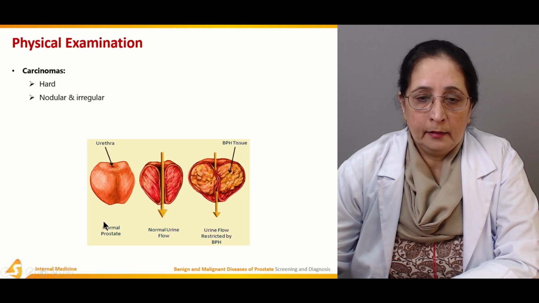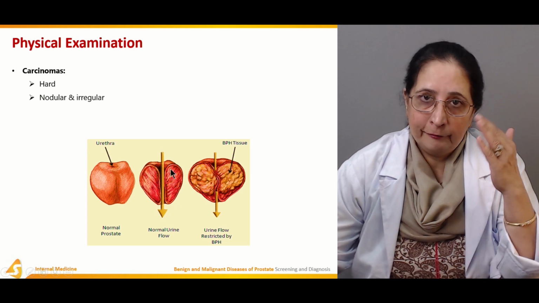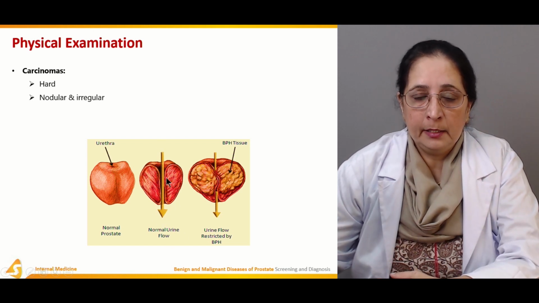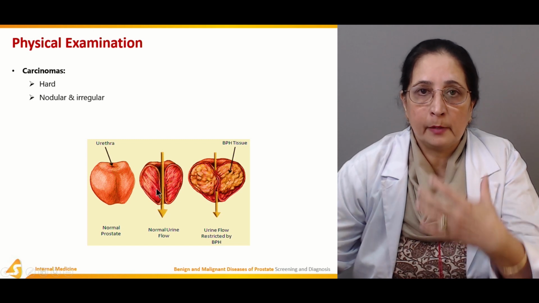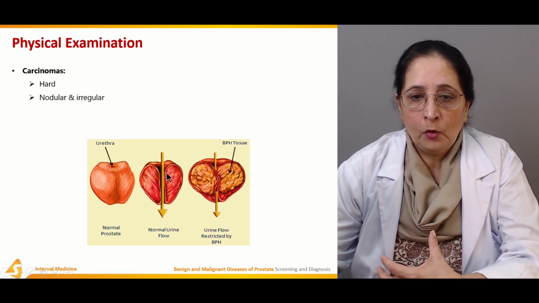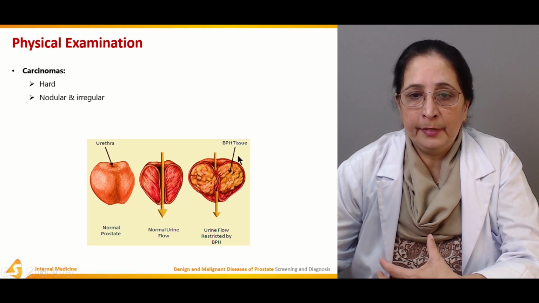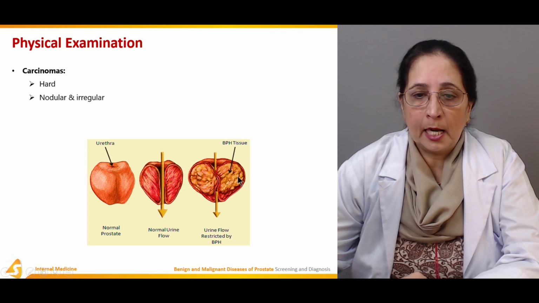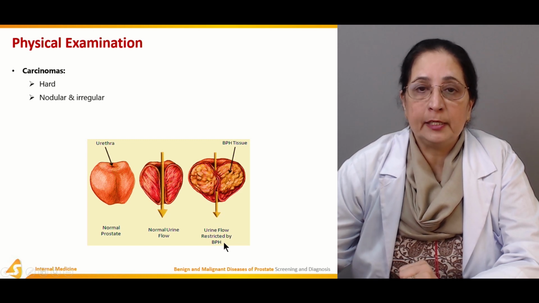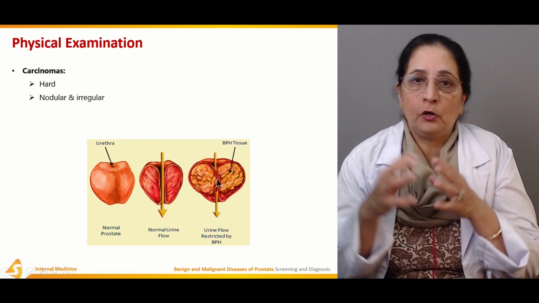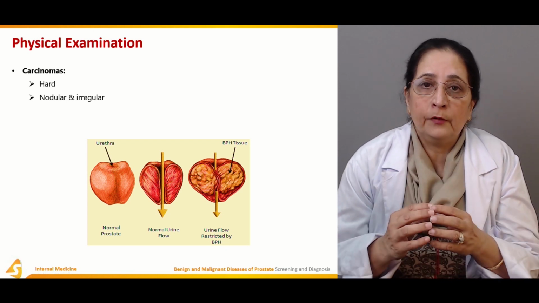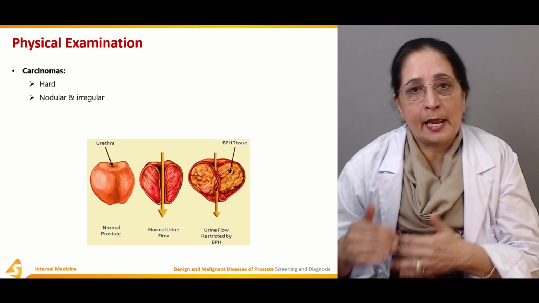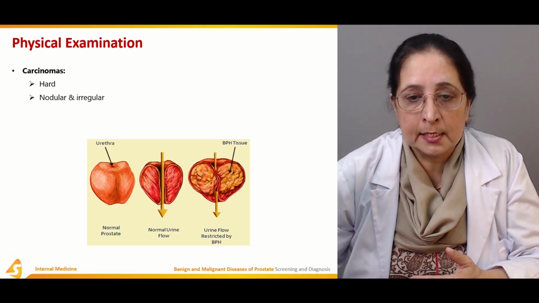If you see here the normal prostate with the urethral opening, that's the normal urine flow, a straight line, since the prostate is normal with no compression of the urethra. And that's with the BPH tissue: when the prostate hypertrophy is present, the flow is restricted because there is pressure on the urethra, narrowing of the urethra, and naturally the flow of the urine is affected.